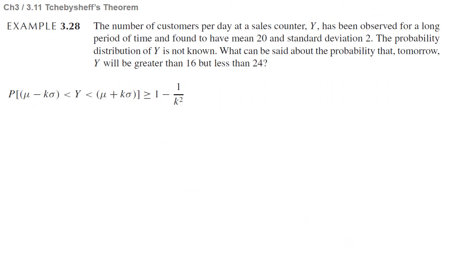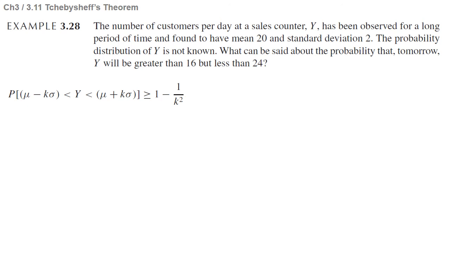Let's move on to example 3.28. The number of customers per day at a sales counter, Y, has been observed for a long period of time and found to have mean 20 and standard deviation 2. The probability distribution of Y is not known.